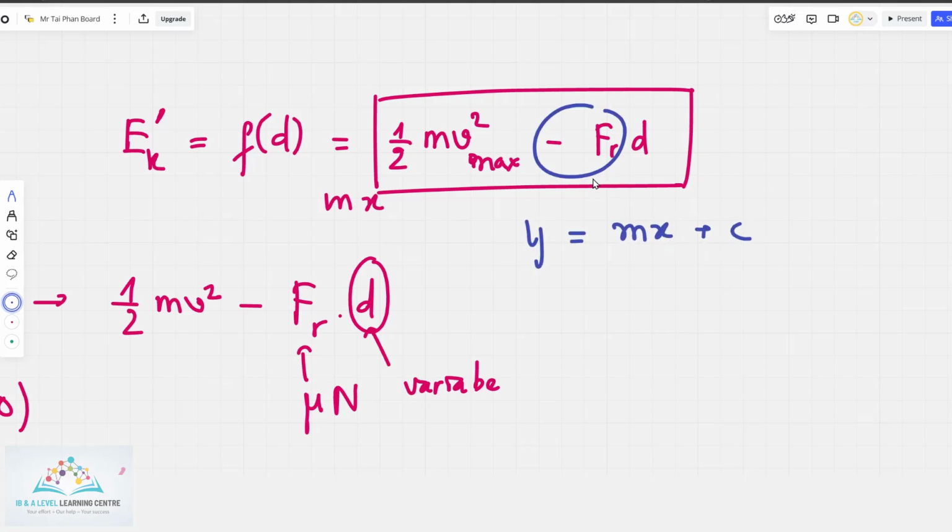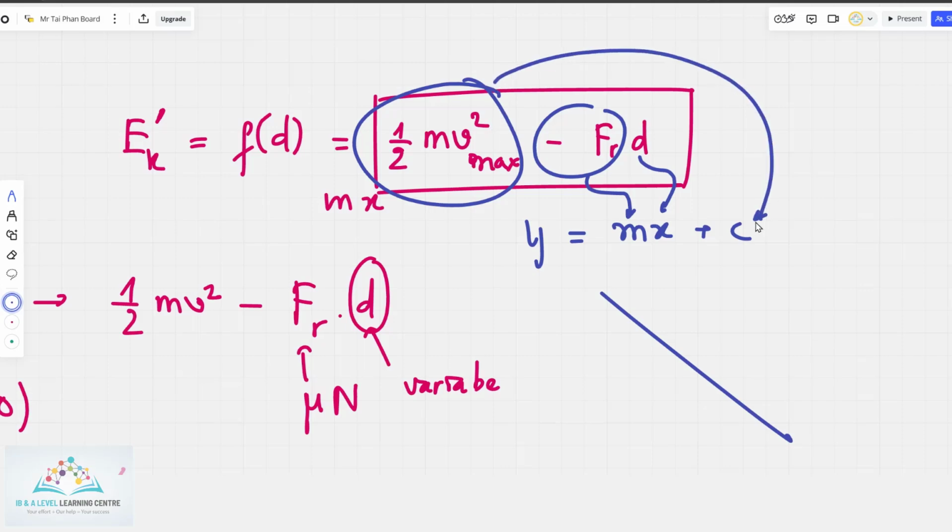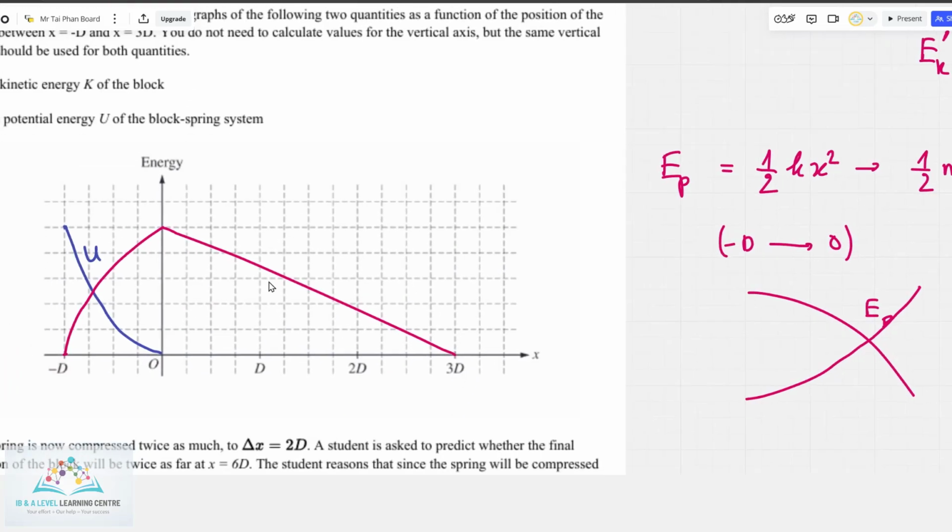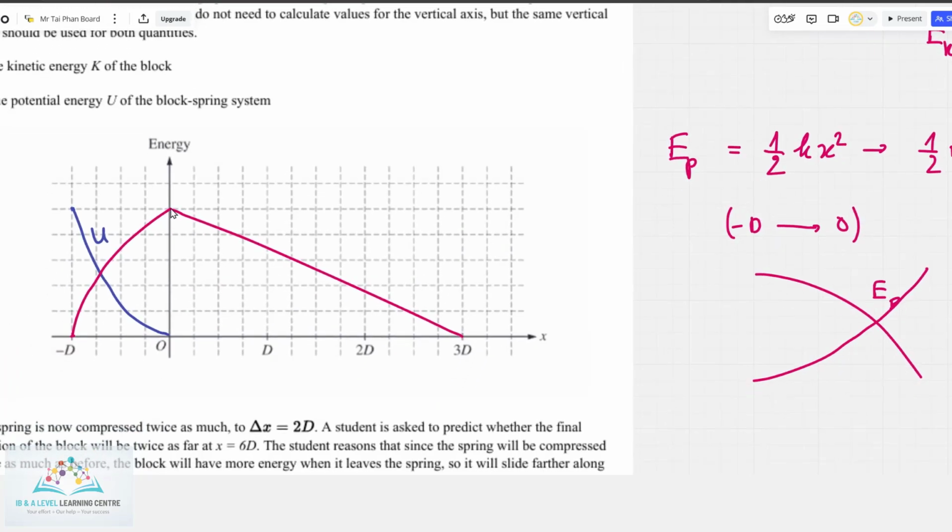Minus fr here is the gradient m. Therefore, we have a negative gradient. Kinetic energy decreases like this, going down. The d here is the variable, and 1/2 mv squared here is the y-intercept, the maximum kinetic energy when the elastic potential energy becomes 0.